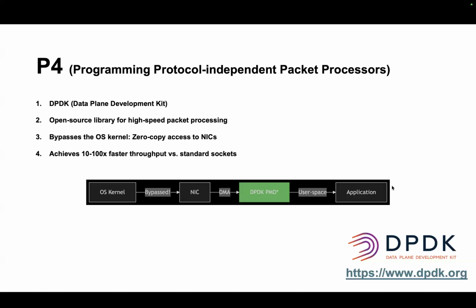And DPDK allows us to, like we said, bypass the kernel to connect to the NIC, and gives us access to the packets with zero copy from the user space.